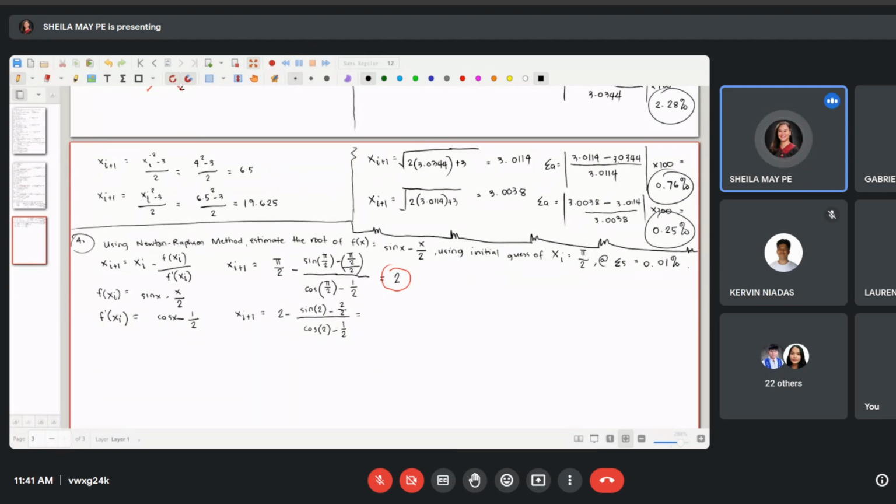So 1.9010. So EA equals 1.9010 minus 2, over 1.9010. So that's 9.07%, right?